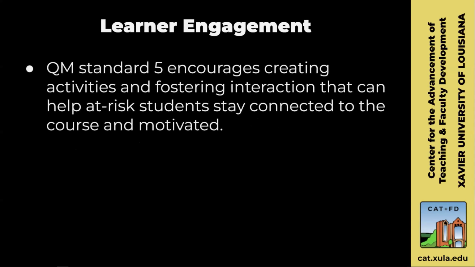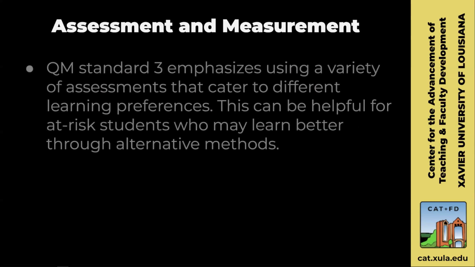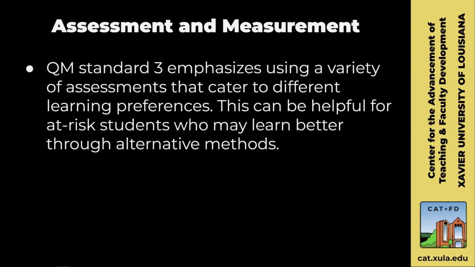Taking a closer look, with learner engagement, Quality Matters Standard 5 encourages creating activities and fostering interaction, which can help at-risk students stay connected to the course and stay motivated. With assessments and measurements, Standard 3 emphasizes using a variety of assessments that cater to different learning preferences, which is helpful because at-risk students may learn better through alternative methods.